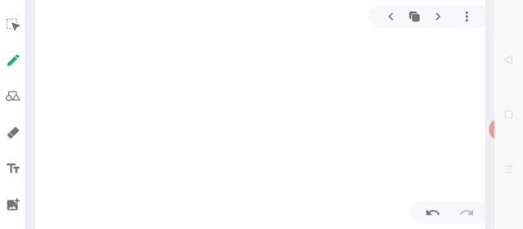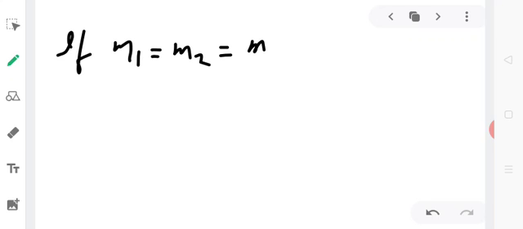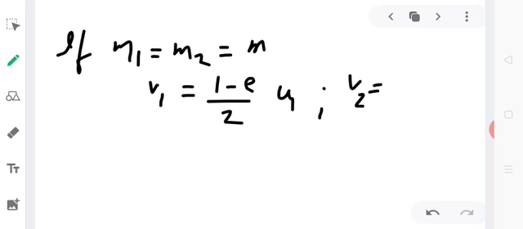So again, if m1 equal to m2 equal to m, v1 is equal to (1 minus e) by 2 times u1 and v2 is equal to (1 plus e) by 2 times u1.